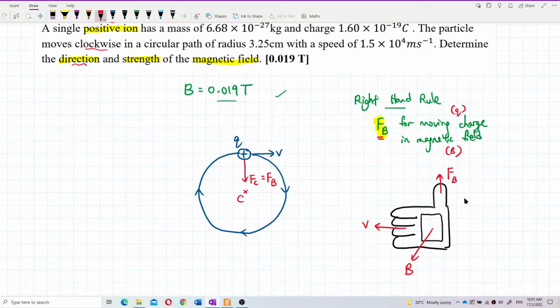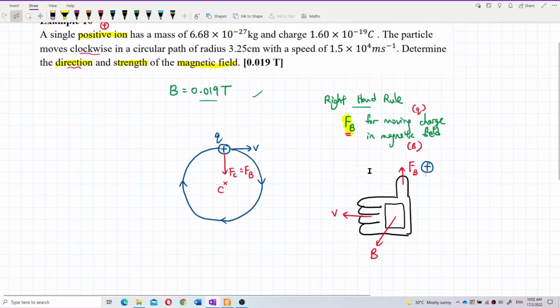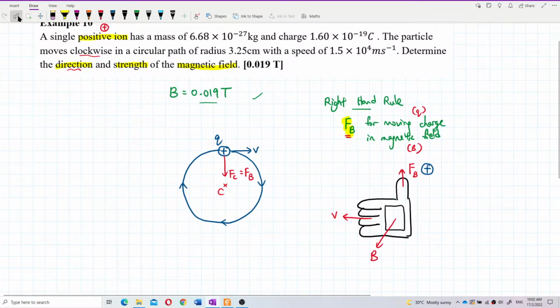If it is a positive charge, the direction of the magnetic force follows the thumb. Understand?